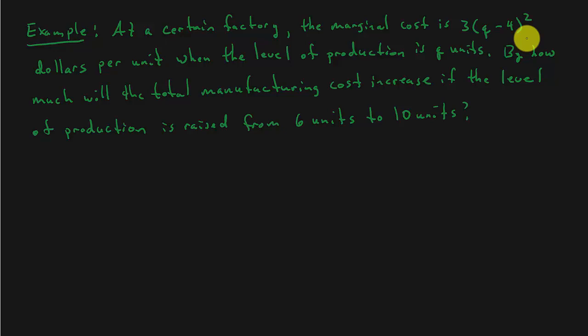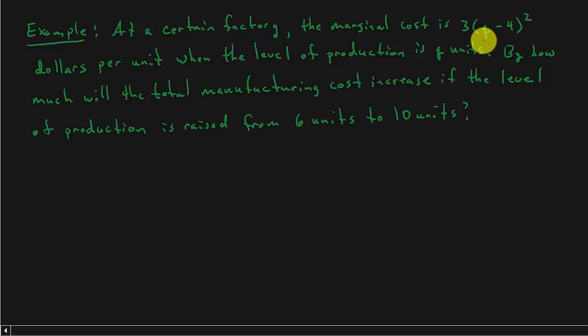What is marginal cost? Marginal cost is the derivative of the cost function, right? So this function here is dc/dq, which is 3 times (q minus 4) squared.